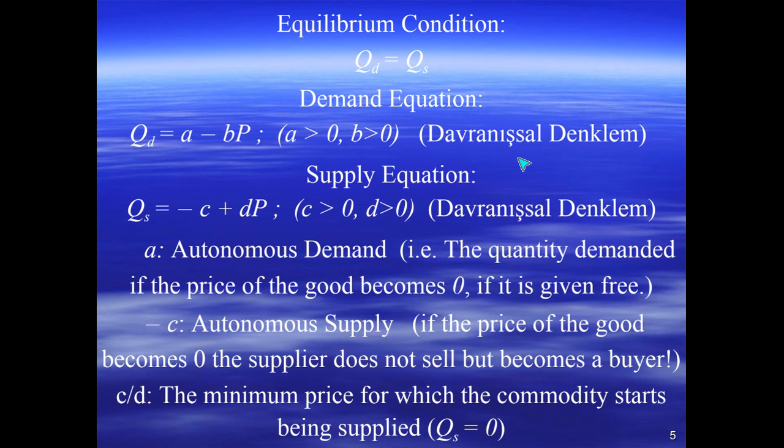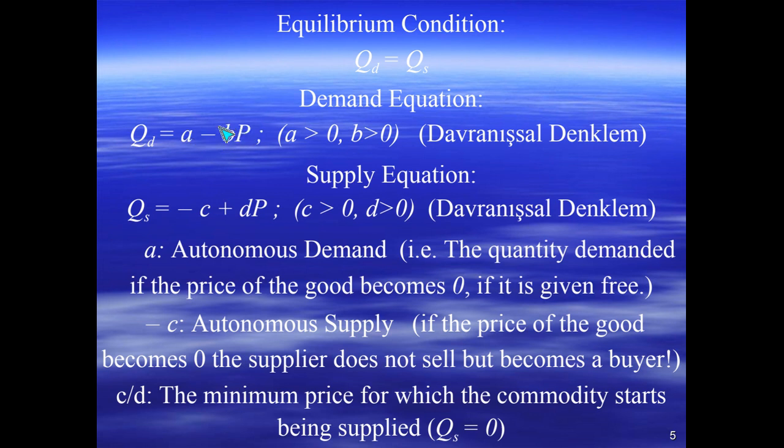So we have two behavioral equations in this model, the demand equation and the supply equation. The demand equation is quantity demanded equals A minus BP. P is the price. A and B are positive coefficients. What does it mean? There is a quantity demanded of the good irrespective of the price.